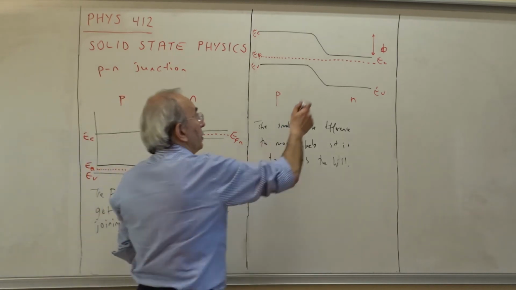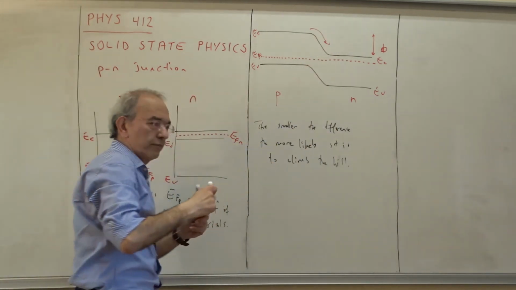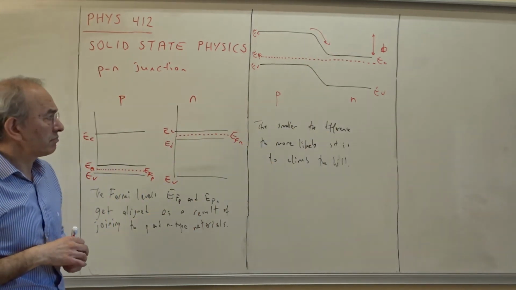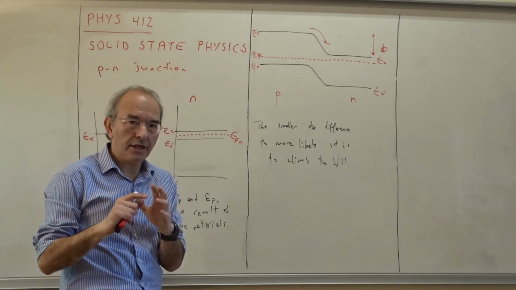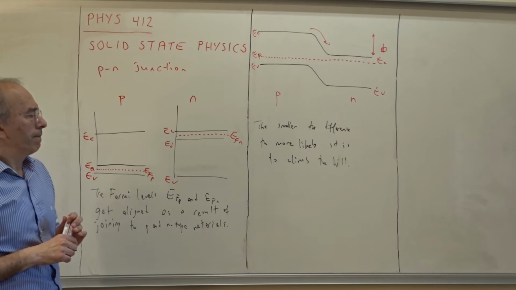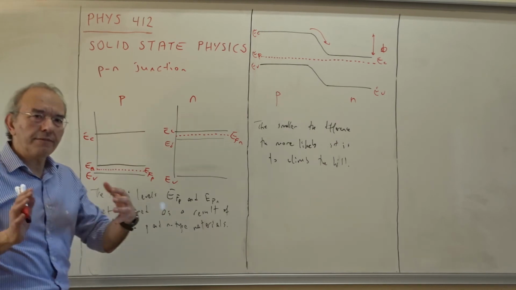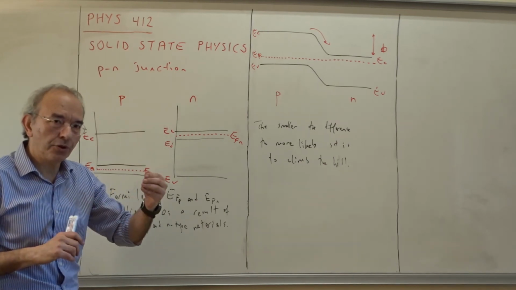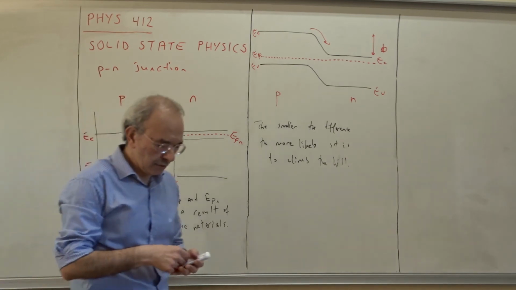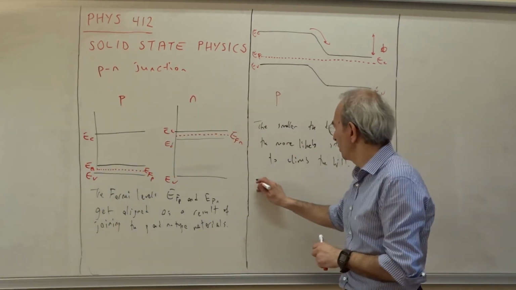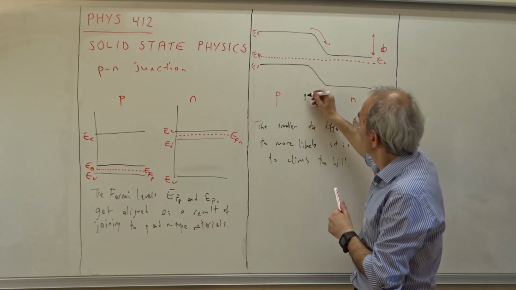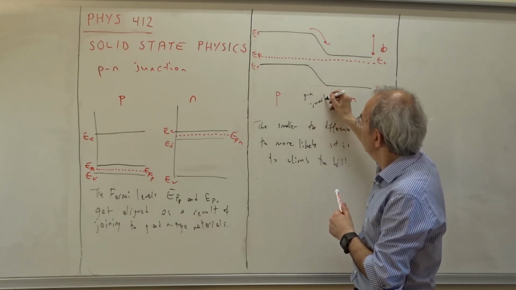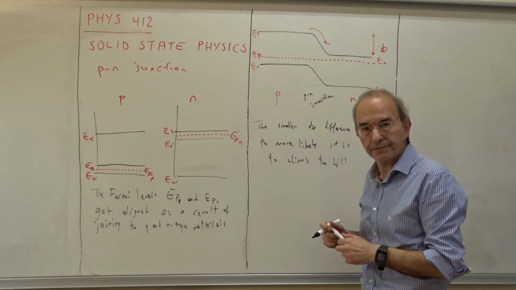Now there is a certain flow, but there are two types of carriers: free holes and free electrons. Let's now consider the contact from the other point of view, which is called the PN junction.